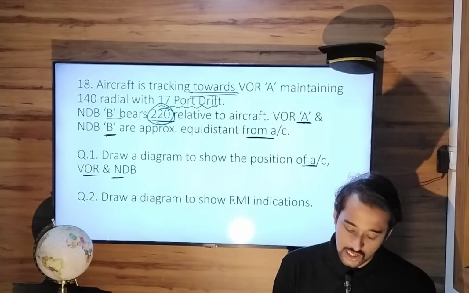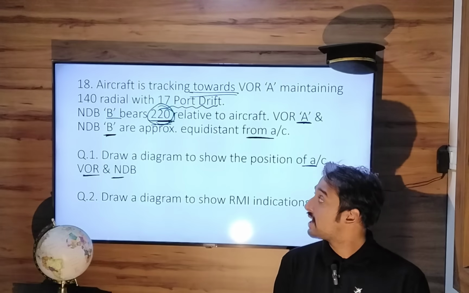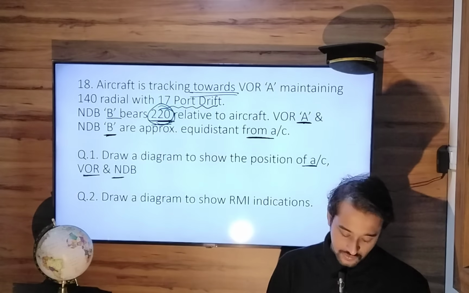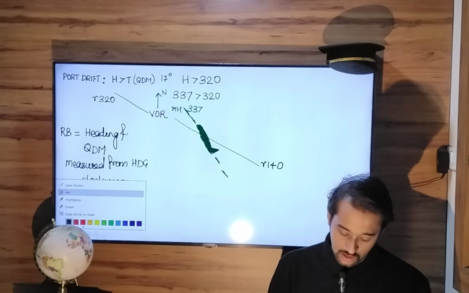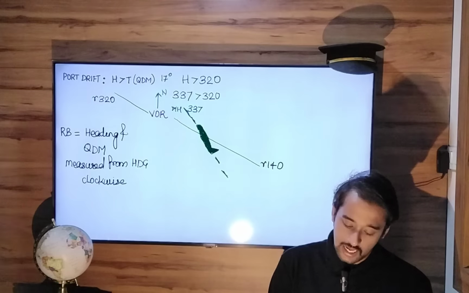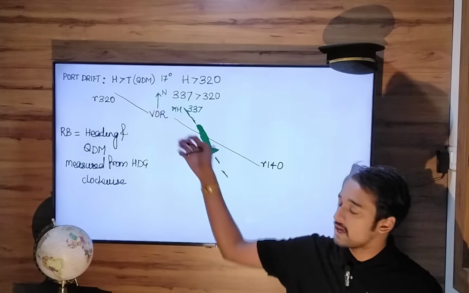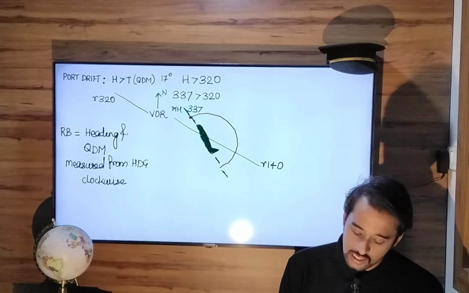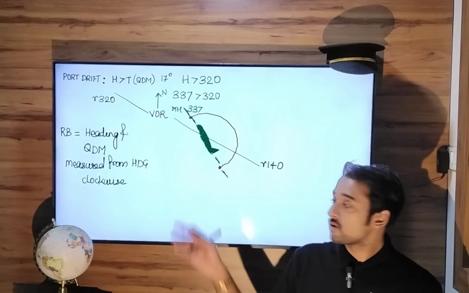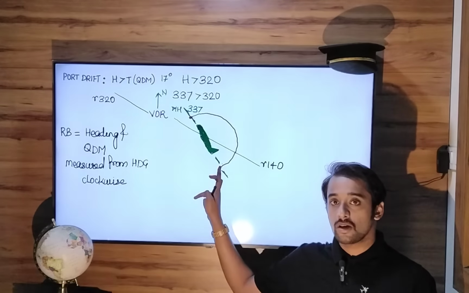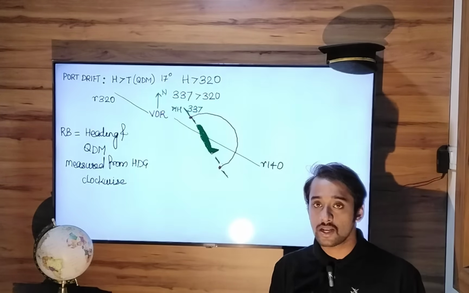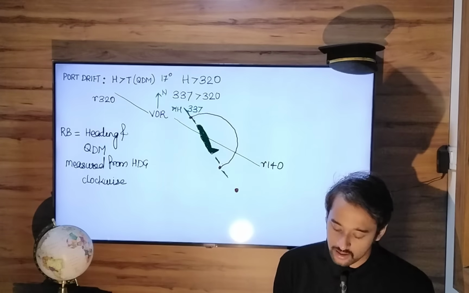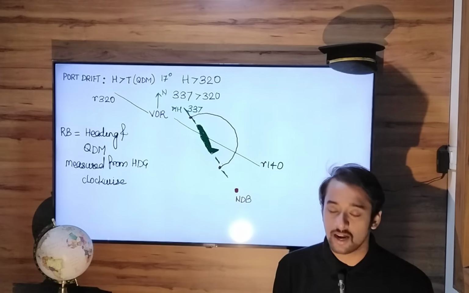Now it is a relative bearing of 220, which is more than 180. Starting from magnetic heading here, this entire thing will be 180. If the question had stated that relative bearing is 180, the NDB would have been directly behind this aircraft heading.